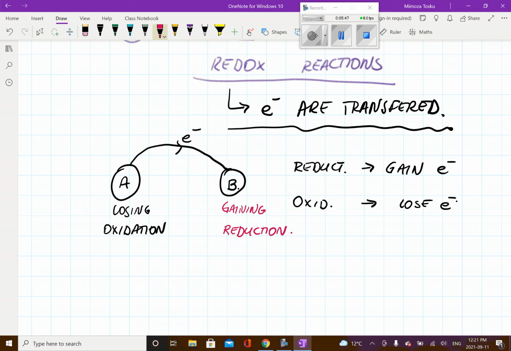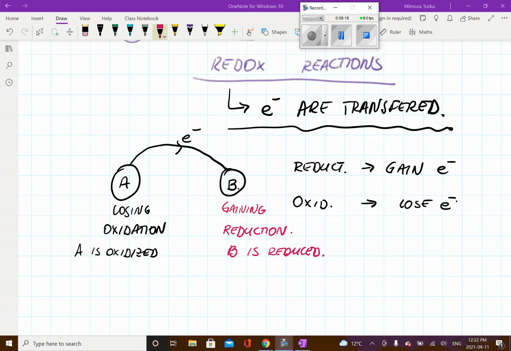In other words, atom A is oxidized and atom B is reduced. Just always keep in mind that reduction is gaining and oxidation is losing electrons.